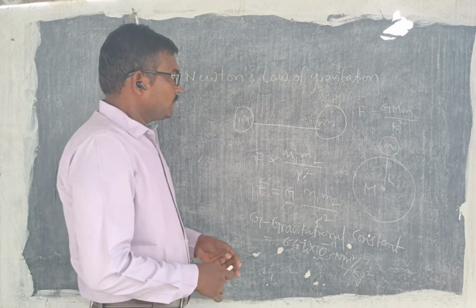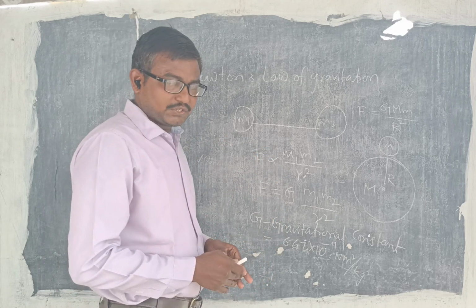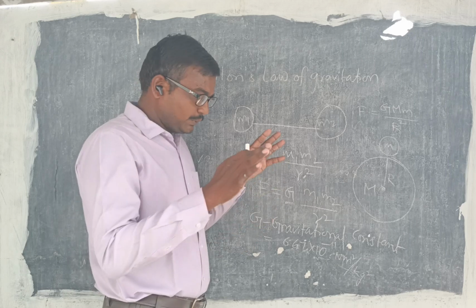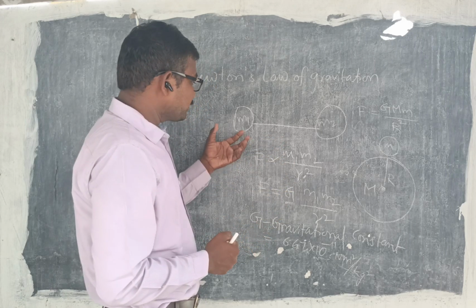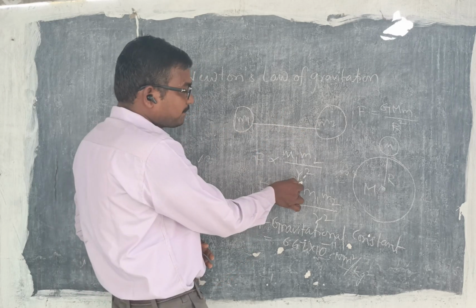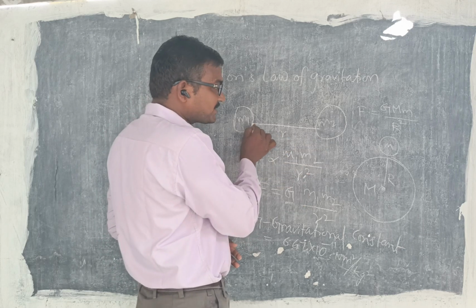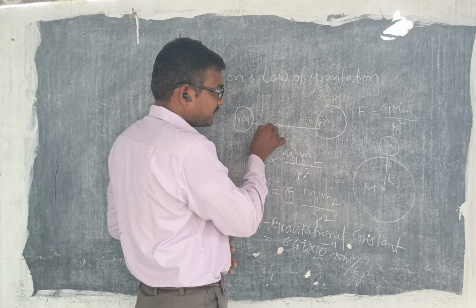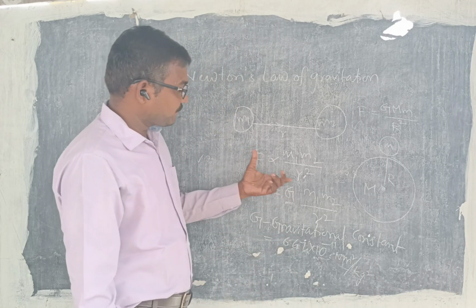So once again we repeat the concept. Newton's law of gravitation: every object in the universe attracts another object with some amount of force. This force is directly proportional to the product of their masses and inversely proportional to the square of the distance between them, and the force acts along the line joining them.